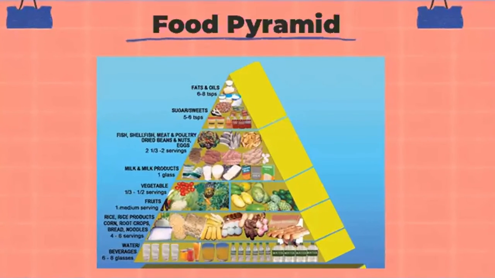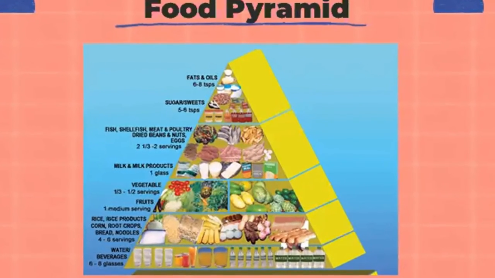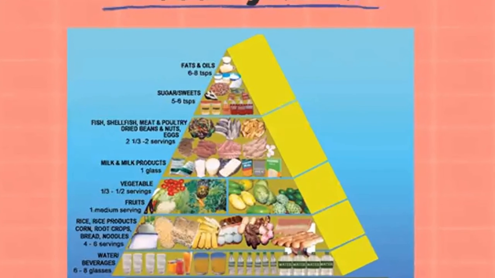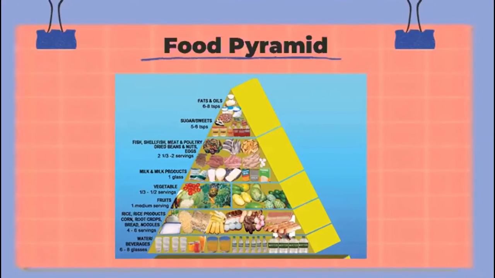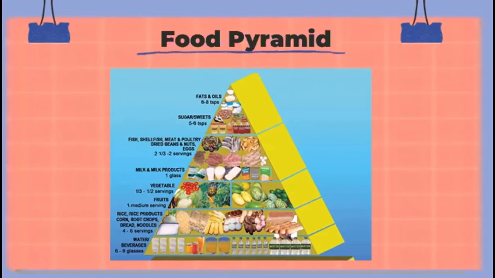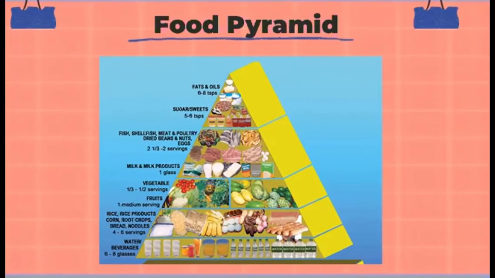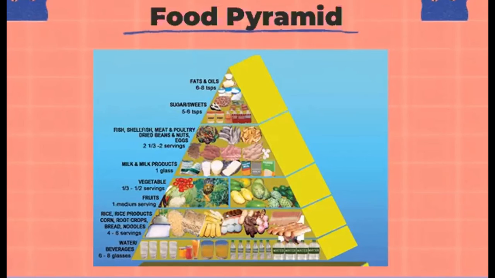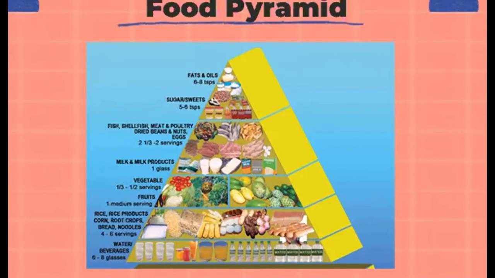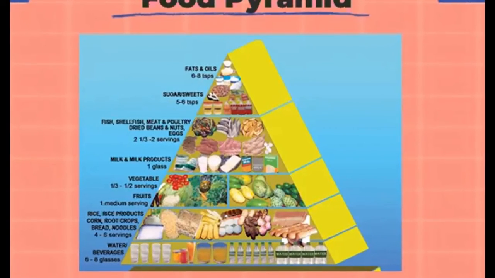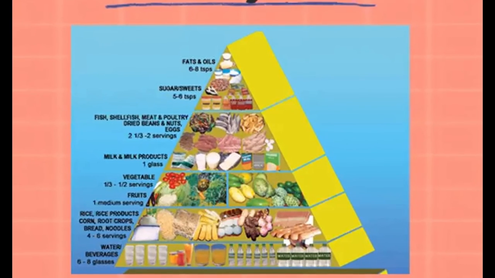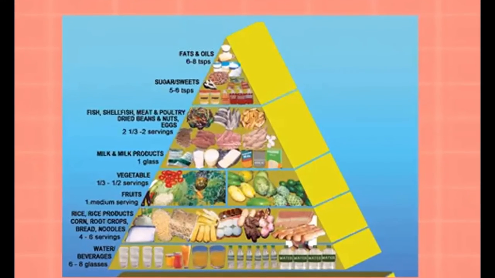It shows how much of certain food groups you are recommended to eat. The one at the bottom means you need more of that compared to the one above it, which means the topmost group of food should be taken only a little. As you can see on the food pyramid, it should only be 6 to 8 tablespoons every day.